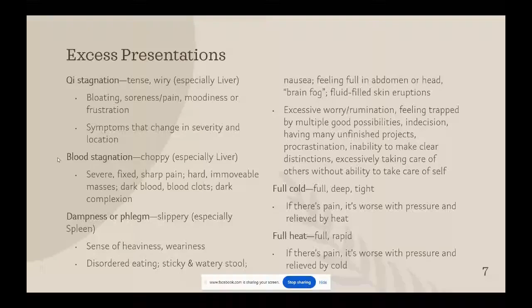Basically, I just wanted to note that for those, if there's pain, it's worse with pressure, and as would be intuitive, the full cold conditions are relieved by heat, whereas the full heat are relieved by cold.